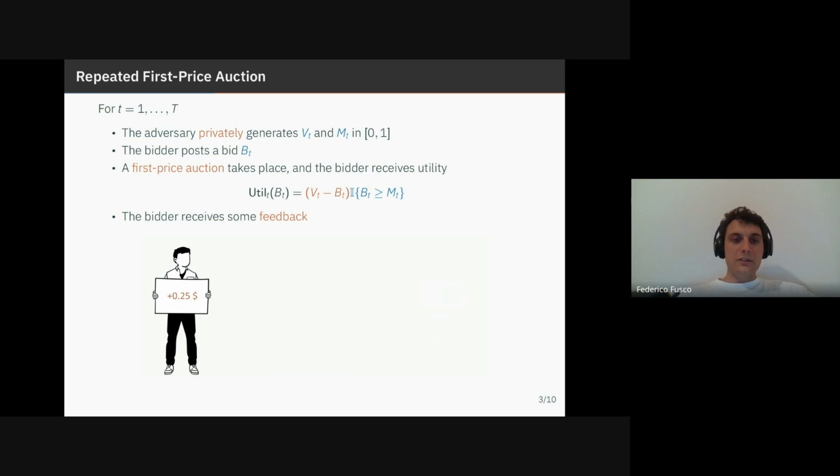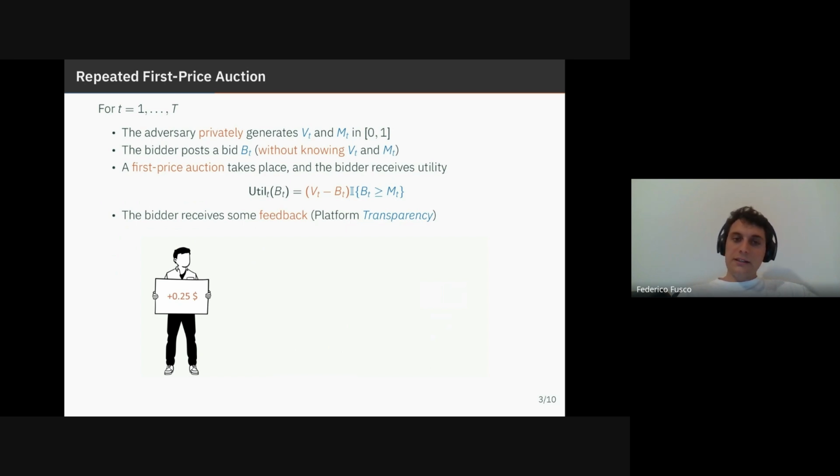Now there are two features that are important and that we want to stress. First, this bid is done without actually knowing the value of the competition, Mt, clearly, but also without knowing Vt. The reason is that in many cases, the learner only has an imprecise knowledge of the value of the item it is bidding for.